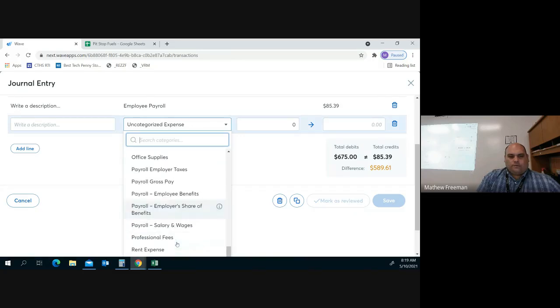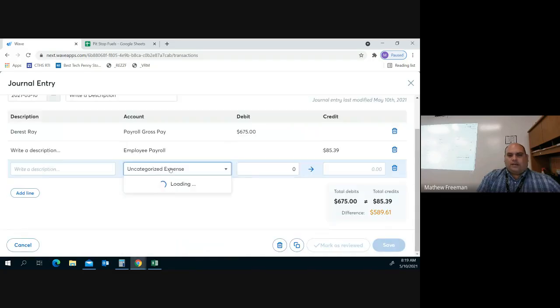Payroll, and you're going to have to enter the exact same thing for your employer's payroll tax.